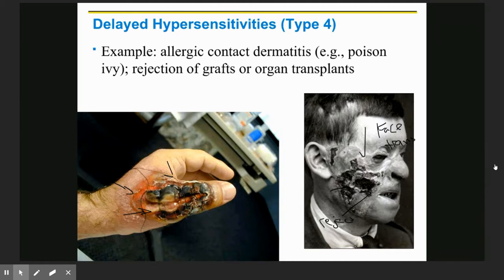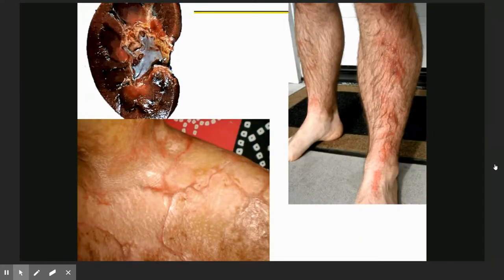Same thing happened here. This was a burn graft. So the burn graft from someone else got rejected. There's a kidney rejection from a transplant. And then, of course, you can also get it on the skin.